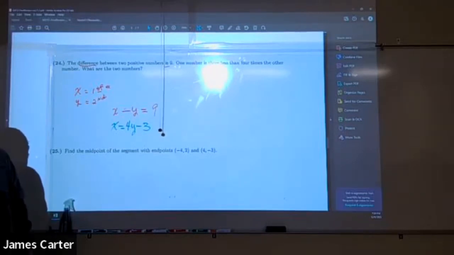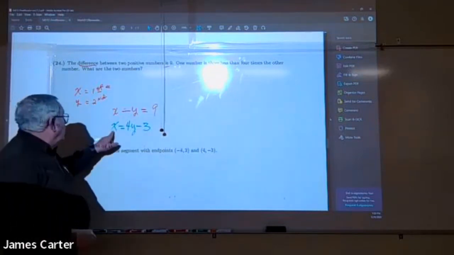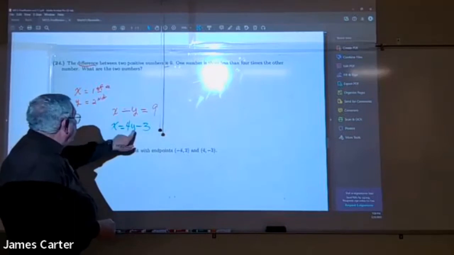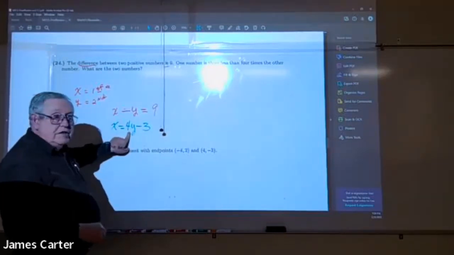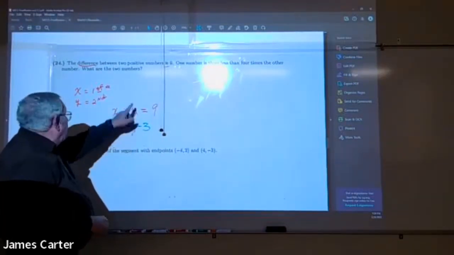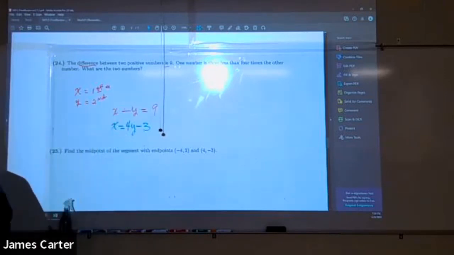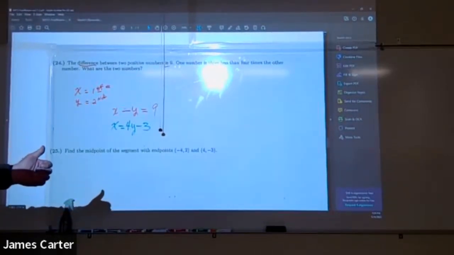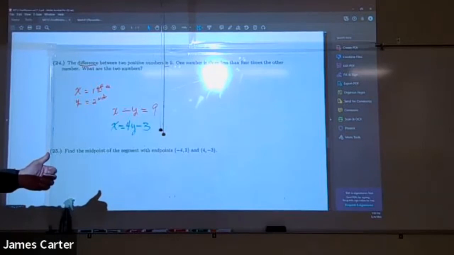Does that make sense? One number is 3 taken away from 4 times the other one. I have 2 equations. How are they wanting you to solve this one? By substitution, because they've got an isolated value already.